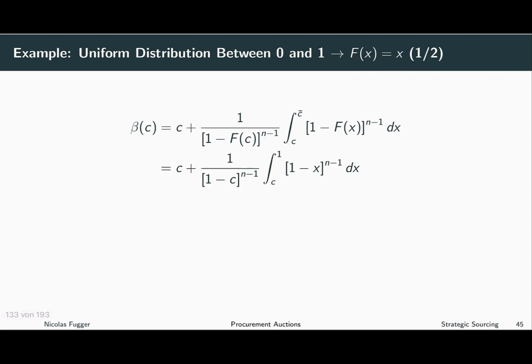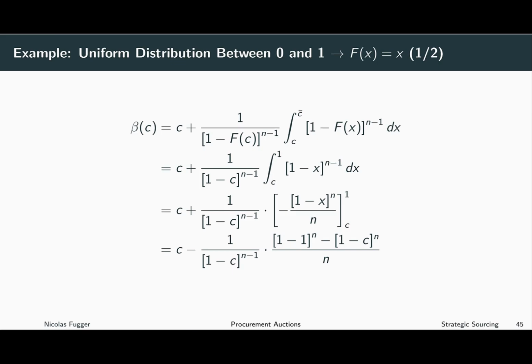If we use this fact, then we can just replace f of c by c and f of x just by x. We can take the integral, and the integral of (1 minus x) to the power of n minus 1 is nothing else than minus (1 minus x) to the power of n divided by n from c to 1.